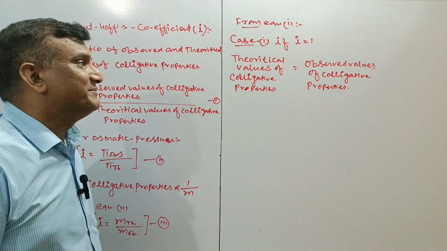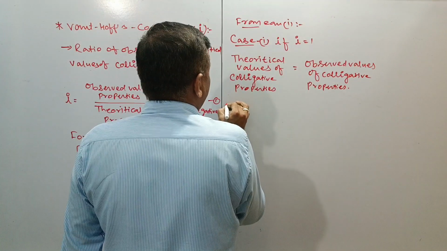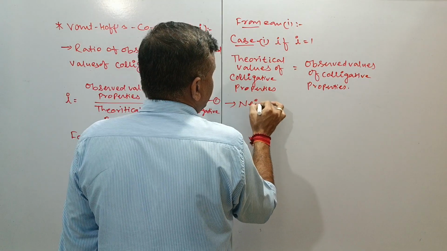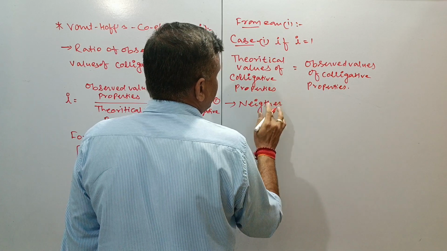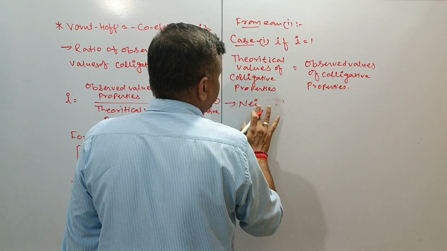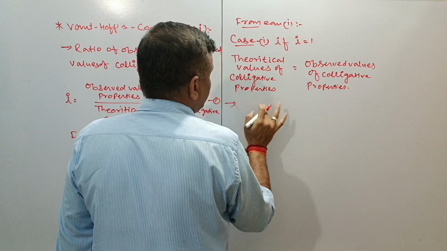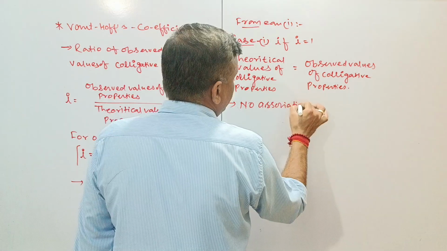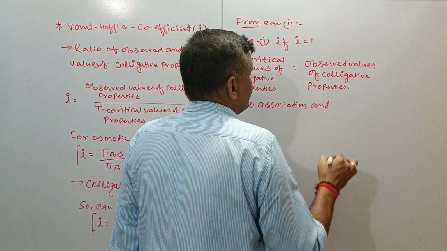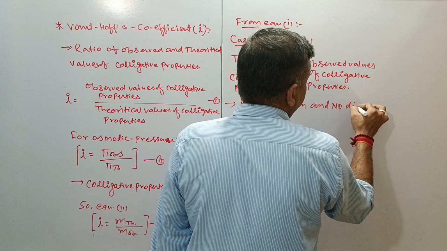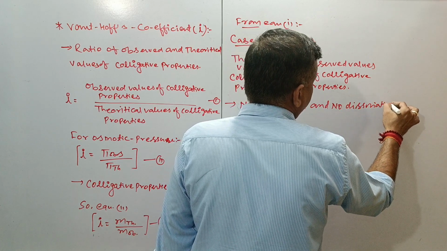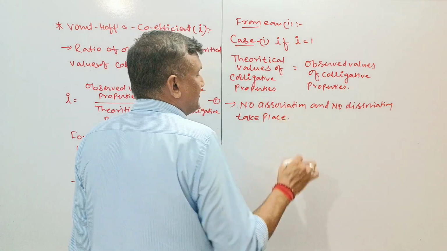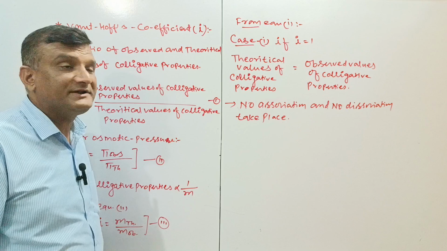This is the first case, meaning neither dissociation nor association takes place. So here there will not be any kind of abnormality in the colligative properties.